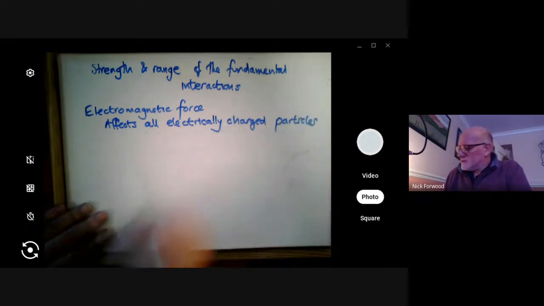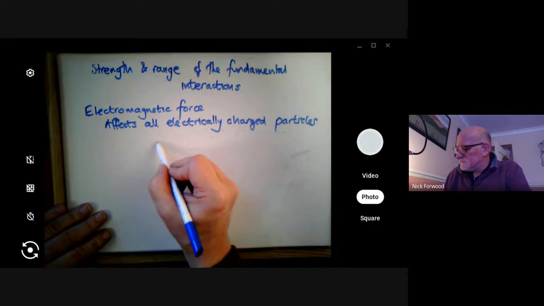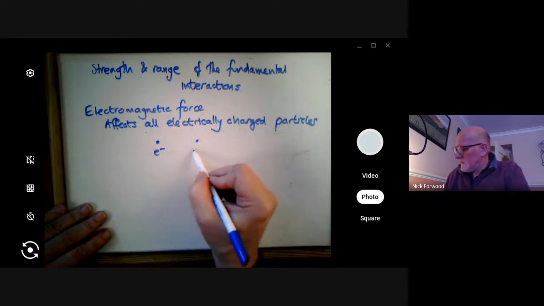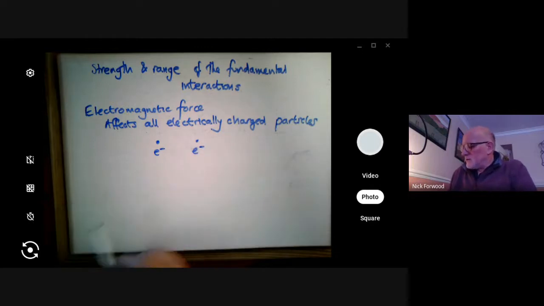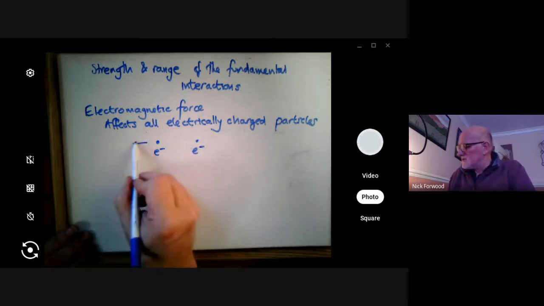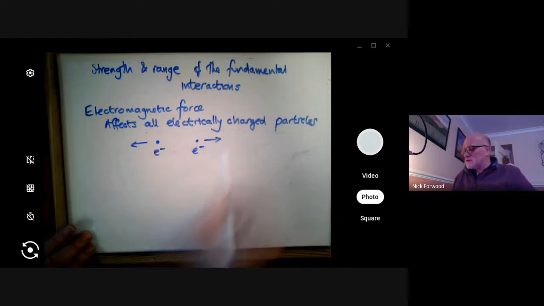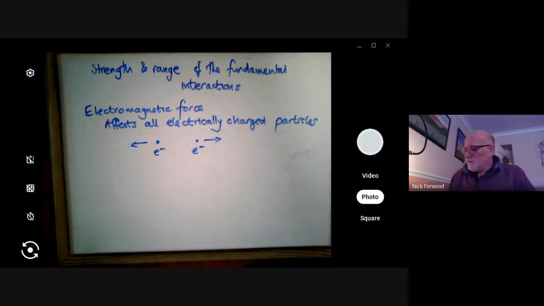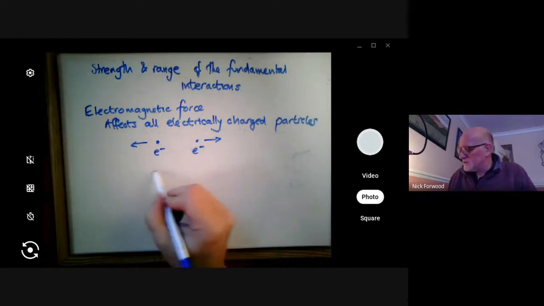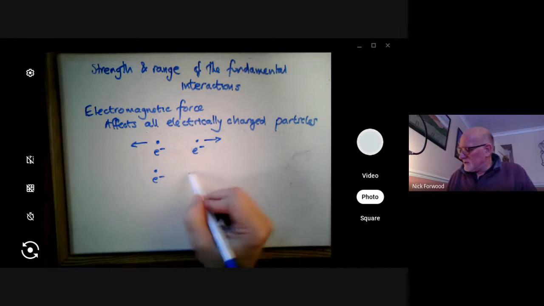So, for instance, two negative electrons are going to get repelled, they're going to get pushed apart, and it's the electromagnetic force that's responsible for pushing two electrons apart. It's also the force that's responsible for attracting an electron to a proton, for instance.